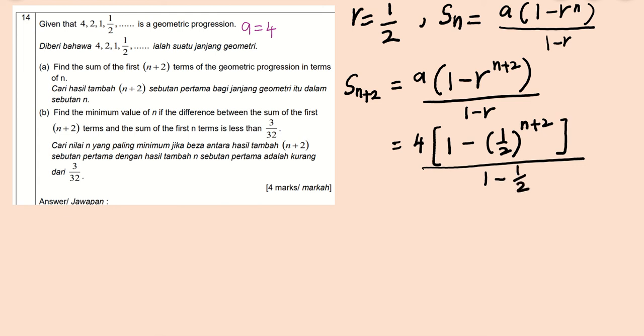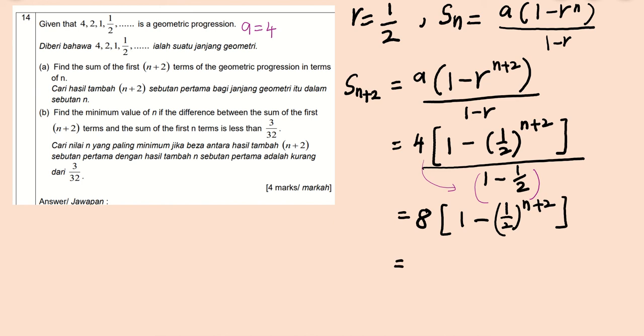Yang bawah ni bila you all simplify, dia akan jadi 1/2. So, 4 divide by 1/2, dia akan jadi 8. So, bila kita simplify formula, 8 in bracket 1 minus 1/2 to the power of n plus 2.